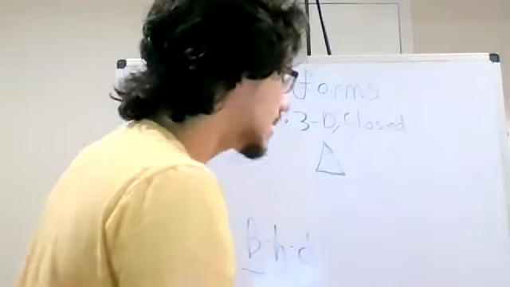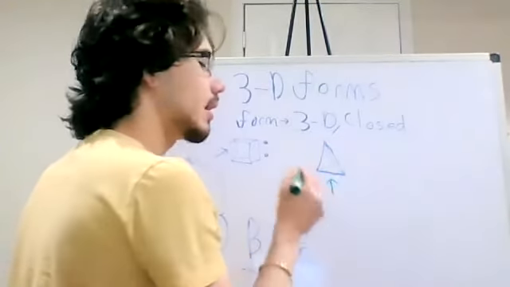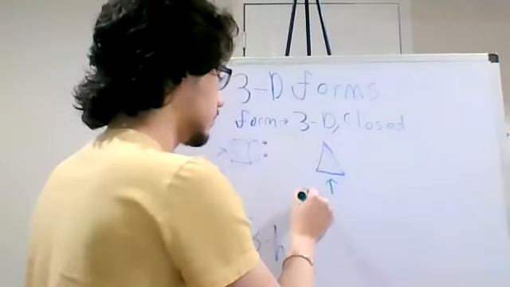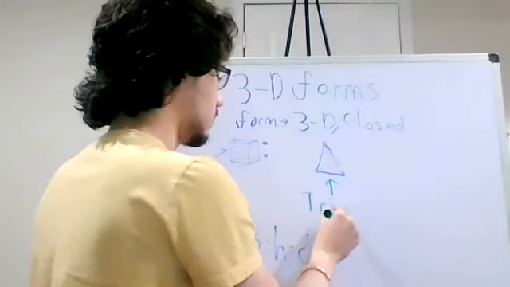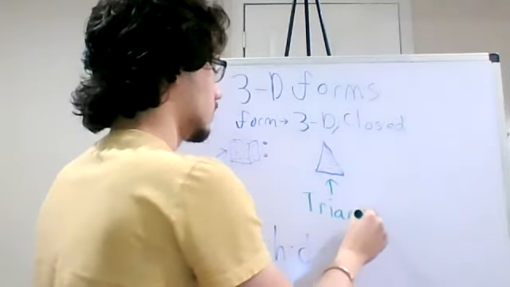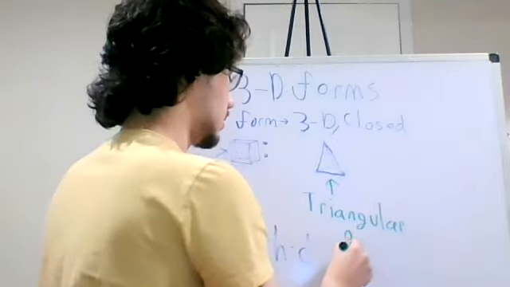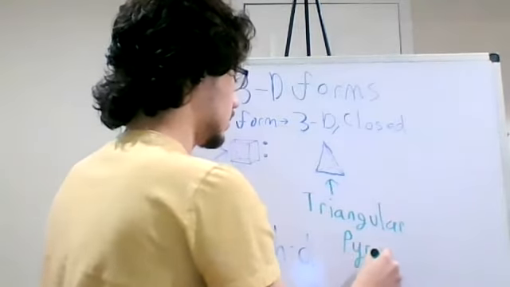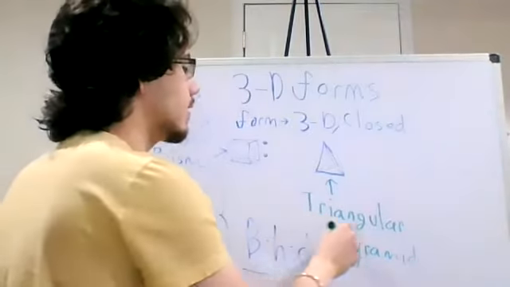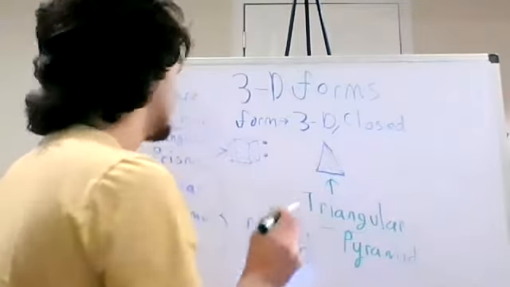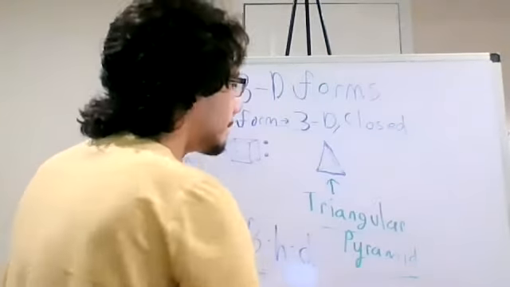A pyramid, as you can see, in this case, we have a triangular pyramid. So a triangular pyramid, as we can see, triangular refers to its base being a triangle. So base triangle, a pyramid.